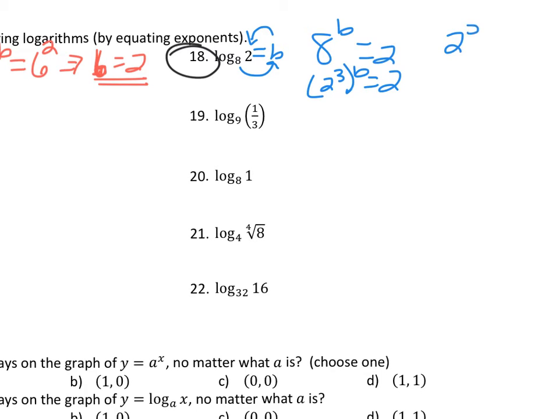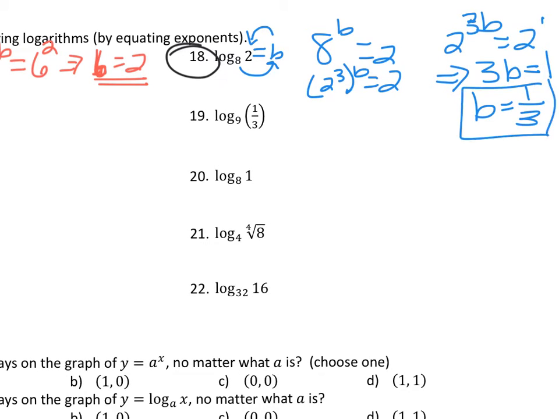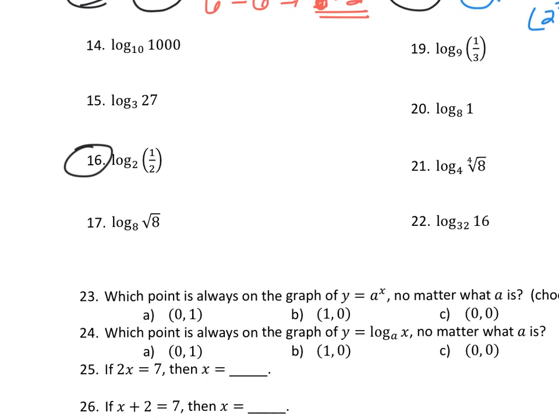Multiply that 3 in with b, so you get 2 to the 3b is equal to 2 to the first, which means that 3b is equal to 1 because the 2 has an exponent of 1. So b is equal to 1/3. Weird, right? That's okay, though. You can get a fraction. You don't have to have integer answers for each of these.